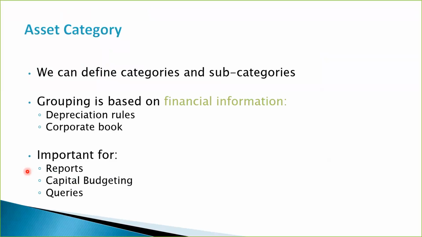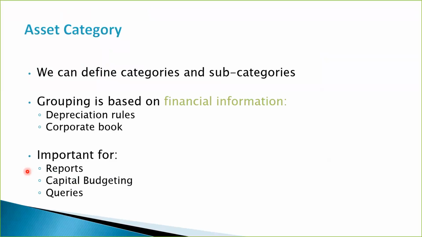So the information entered under this category grouping is important for various things. Reports, these asset categories can appear on reports, okay? It's also important for capital budgeting, as we're going to see, particularly the major category, which is something that you have to specify, is what we enter capital budgets against, okay?